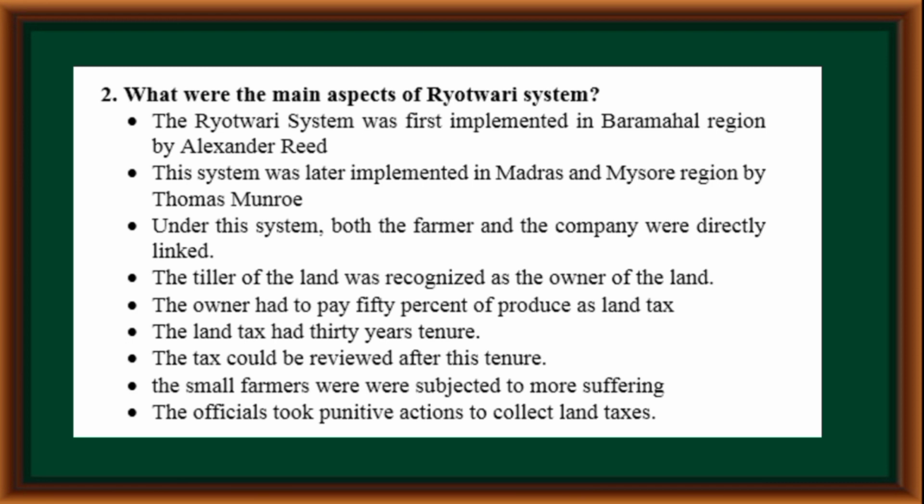The owner had to pay 50% of produce as land tax. The land tax had a 30-year tenure. The tax could be reviewed after this tenure. The small farmers were subjected to more suffering. The officials took punitive actions to collect land taxes.